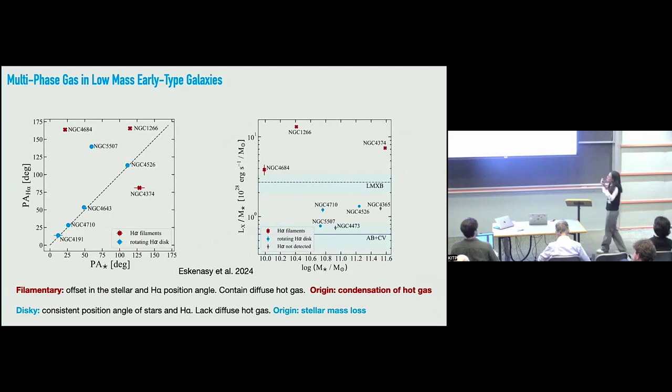So we think it means that for early type galaxies, the multiphase gas has different origins. Some of them are from the condensation of hot gas, like cool core clusters, and others, like jellyfish galaxies, are just from the stellar mass loss. Ryan is currently expanding his sample, so stay tuned.